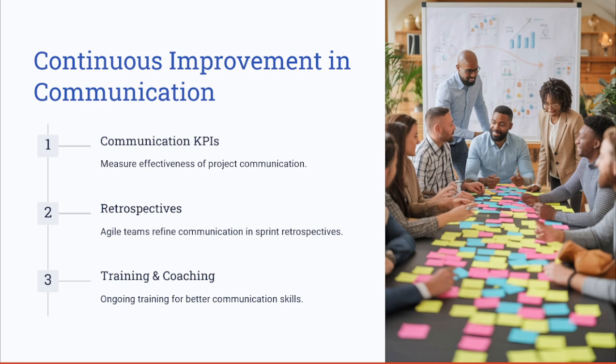So these agile teams hold sprint retrospectives to enhance their communication or to resolve any issues faced within the sprint that were caused by miscommunication. Also, to ensure continuous improvement in your project communication, there is training and coaching. Remember that ongoing training for better communication skills helps you and the stakeholders to keep communicating in a more efficient way.